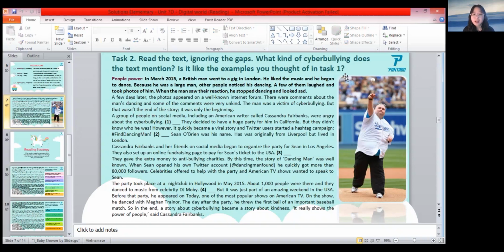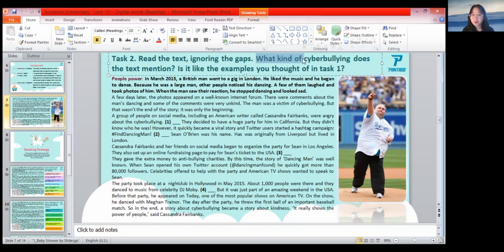Okay, and you are going to read these texts and just ignore the gaps. Okay, we have 4 gaps. You don't need to consider all of these gaps. Okay, just leave it there and answer the questions here.